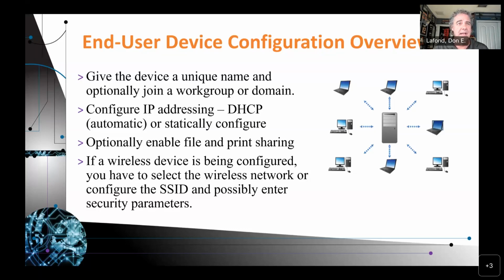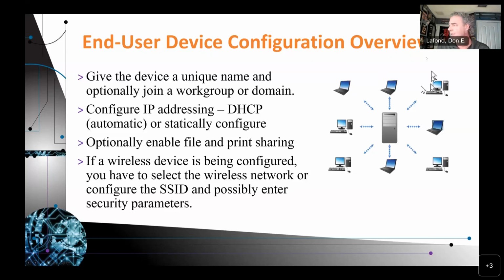You configure the IP addressing. You can allow DHCP to automatically assign addresses, or you can statically configure them. I'll show you on the next slide how to go about configuring either DHCP or static configuration. You can optionally enable file and print sharing, where perhaps you have a printer.